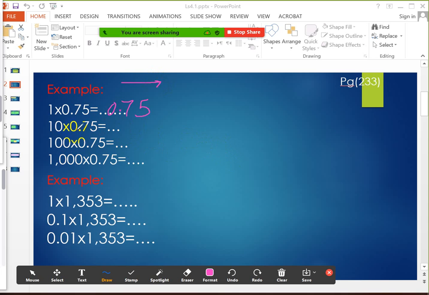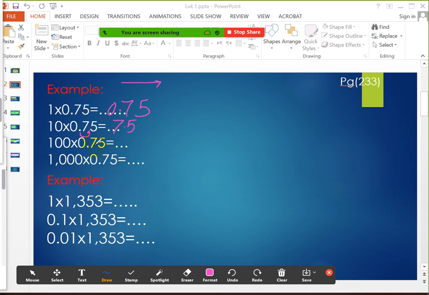Look at 0.75. I want to multiply it with 10. How many zeros right here? I have only 1 zero. So I have to move the decimal point just 1 digit. It will be right here. So the number will be 7.5. Okay?